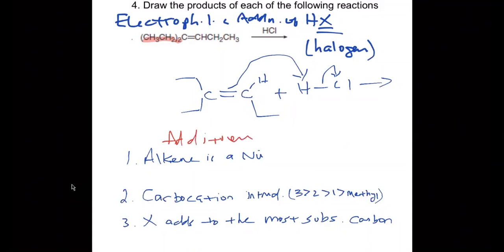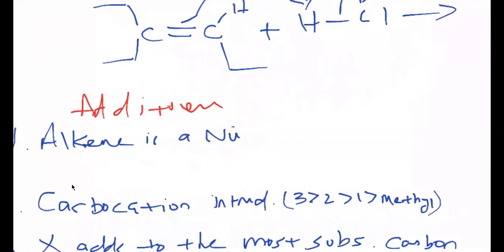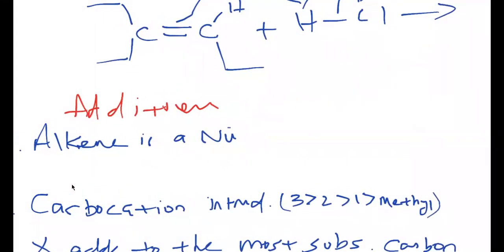So you attack HCl, and then from that you're going to get an intermediate. I'm going to run out of room. Let me zoom in. You're going to get an intermediate that looks like this. The plus charge is going to be on that side, and then the H that you took off from HCl is going to add to that side.